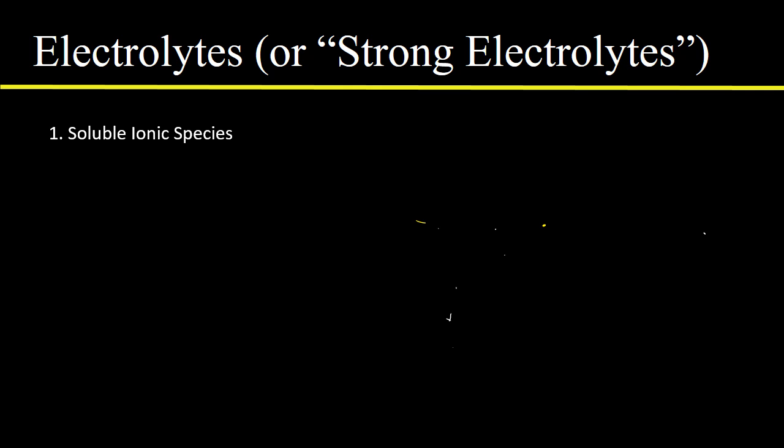Okay, so electrolytes are soluble ionic species, like sodium chloride, and when these species dissolve in water, they make these ions.